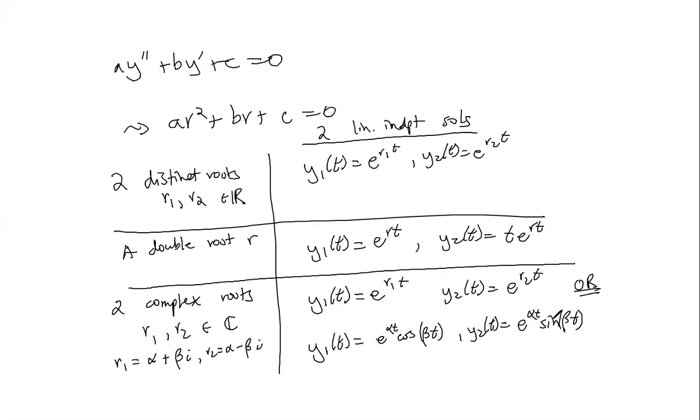And so these are real valued, and oftentimes we prefer these ones as two linearly independent solutions. But these are equivalent just because there's a linear combination of the top two that gives the bottom two.